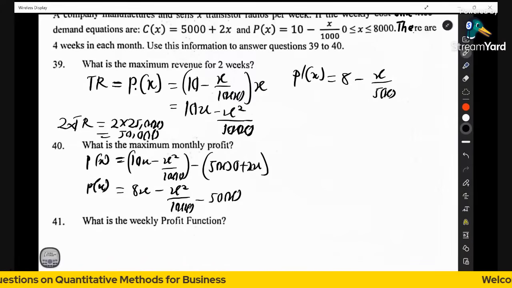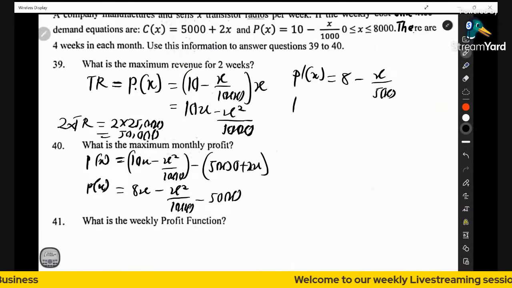So at the end of the day, we know that the first differential should always be equal to 0. So P prime of x is equal to 0.